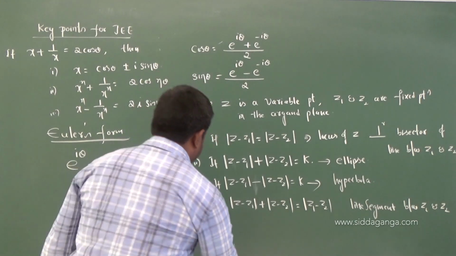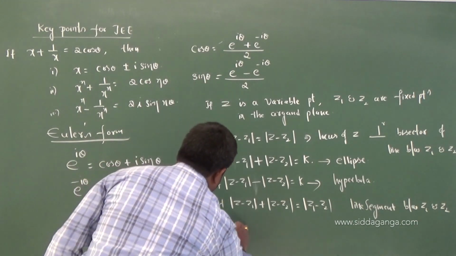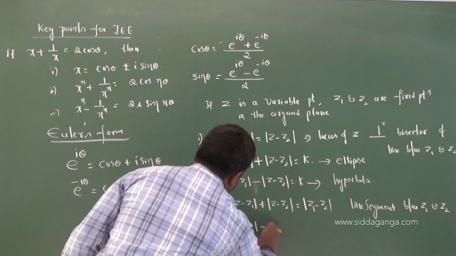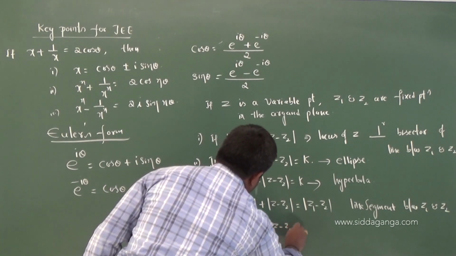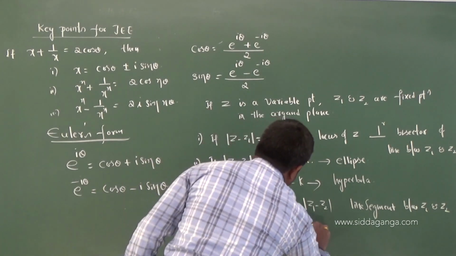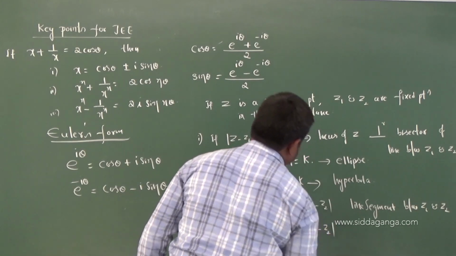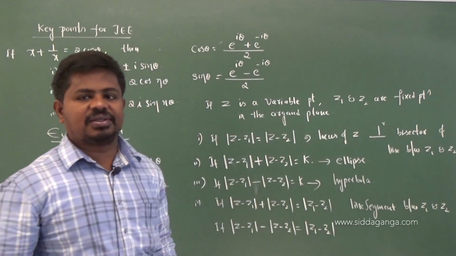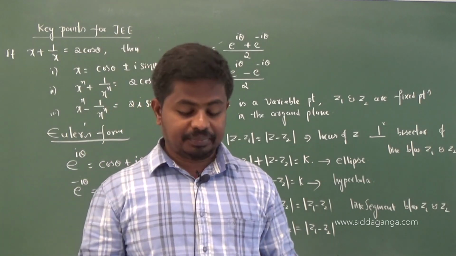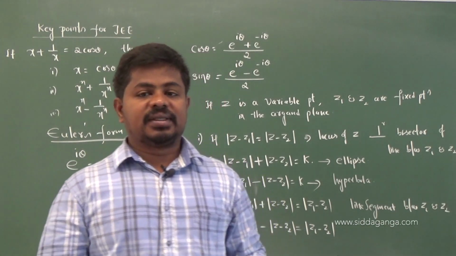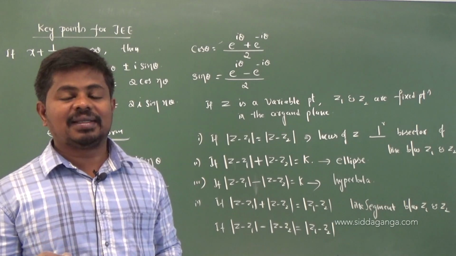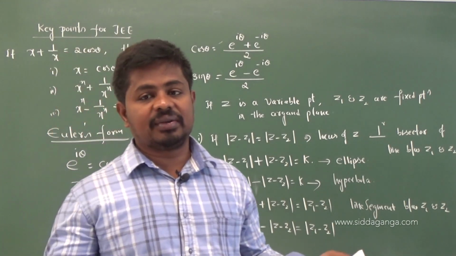And if |z minus z1| minus |z minus z2| is equal to |z1 minus z2|, then the locus of z is a straight line joining z1 and z2, but z doesn't lie between z1 and z2.